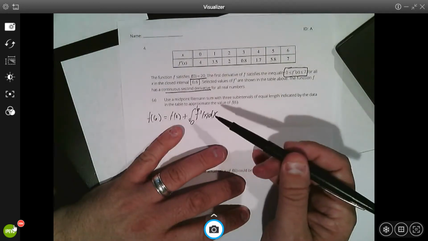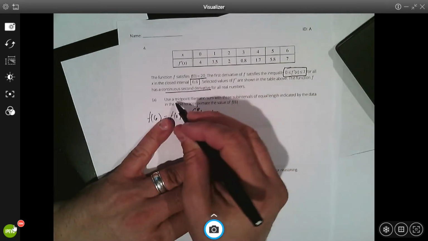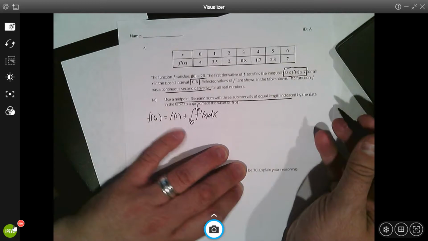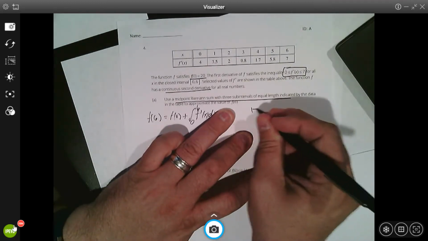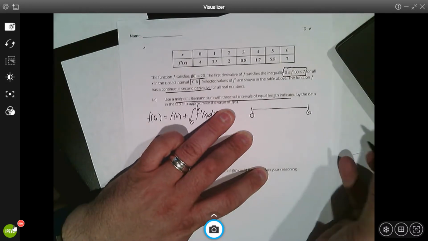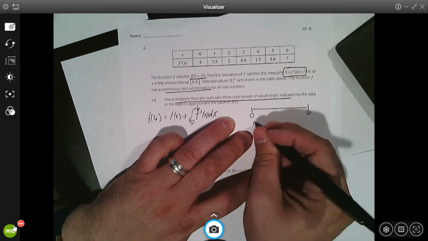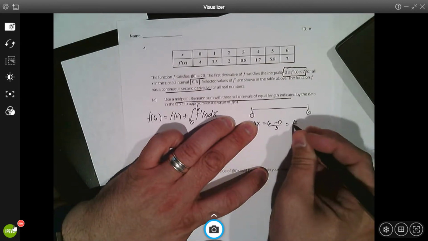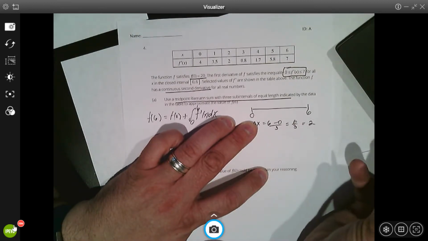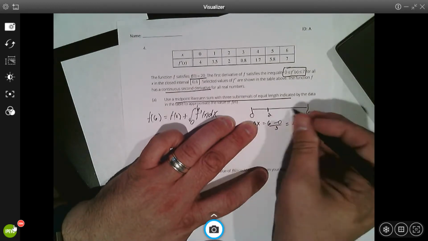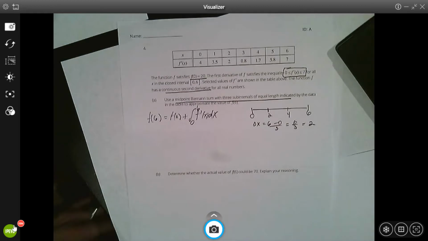Okay, now they then go on to say use a midpoint Riemann sum with 3 subintervals of equal width. I'm trying to go from 0 to 6. I need 3 subintervals, and they have to be of equal width because they told me that. So each interval has a width of 2. My cut points are 0, 2, 4, and 6.